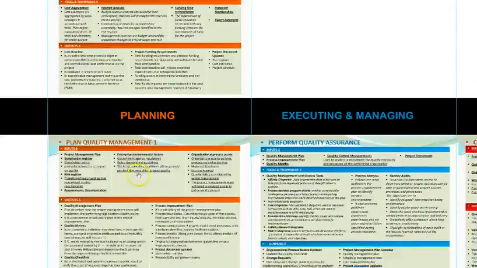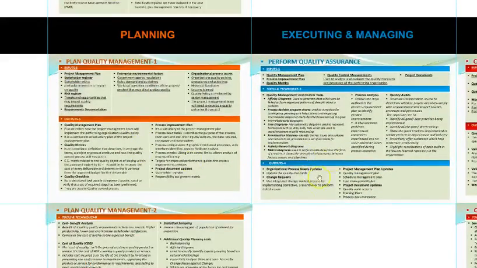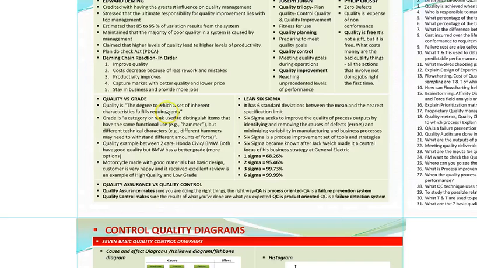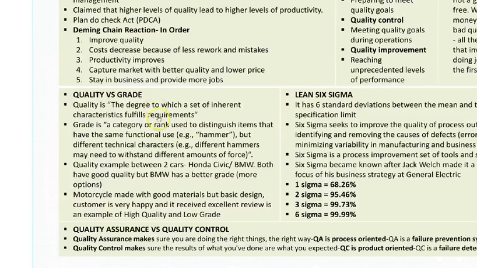So let's go to the first question. First question is, conformance to requirements is called what? Now the answer is over here. It is called quality. It is the degree to which a set of inherent characteristics fulfills requirements.